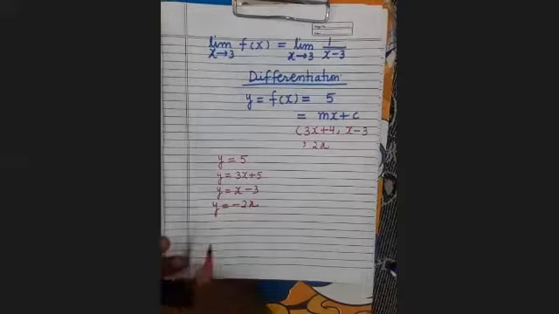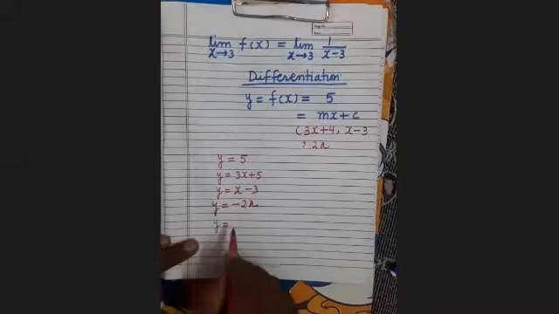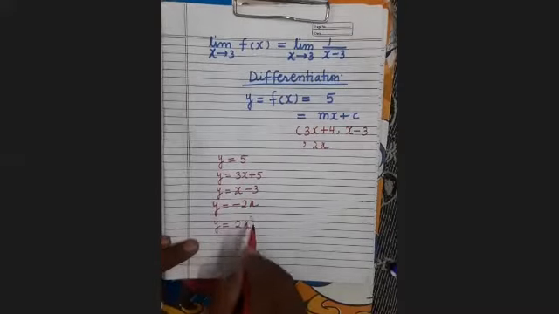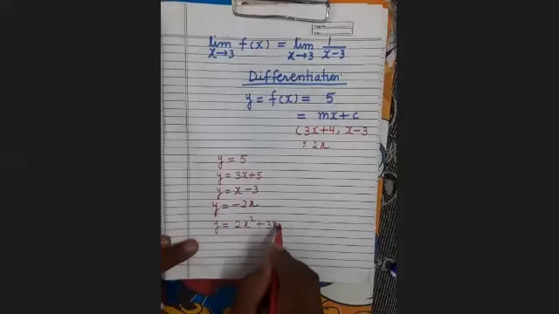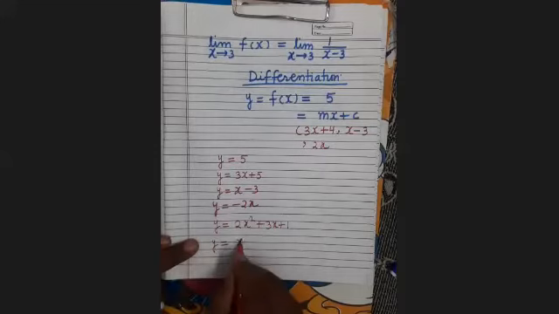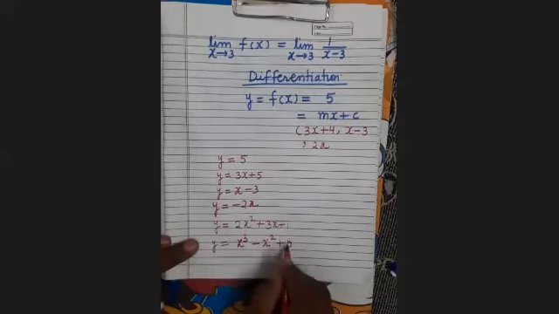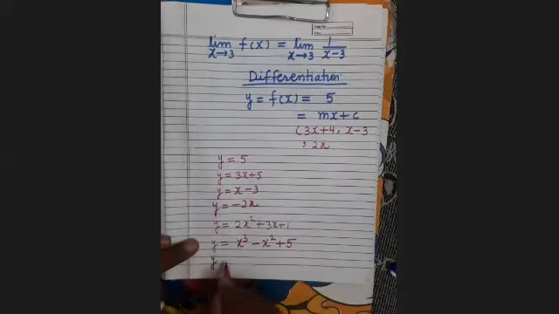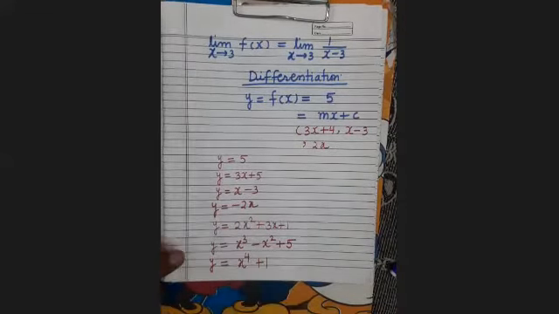It's clear? Then we can write 2x square plus 3x plus 1. We can write x cube minus x square plus 5. We can write y equals x to the power 4 plus 1.